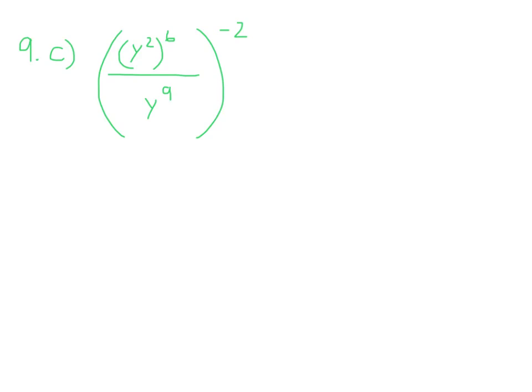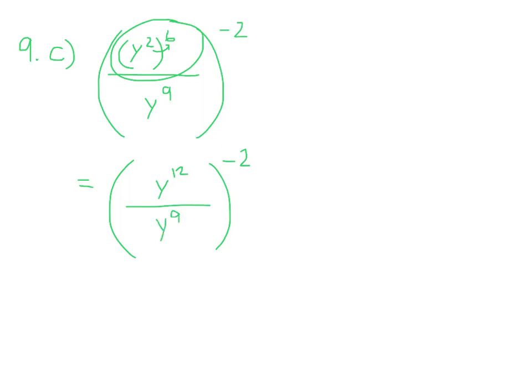And if I do that, I will leave all of this to the -2. I will take care of the top first. See this top over here, this is y to the power of 2 to the power of 6. That's a power of a power. The rule is keep the base as y, multiply the exponents, and 2 times 6 would be 12. Now the bottom stays as y to the power of 9.